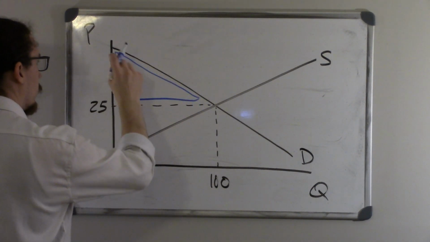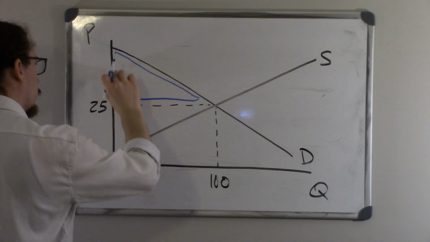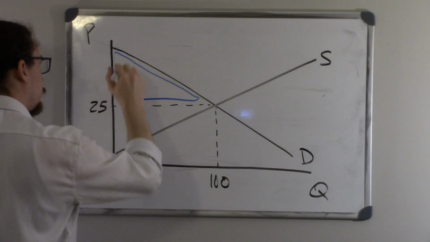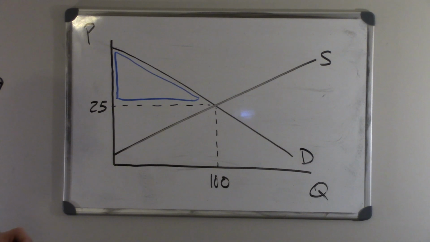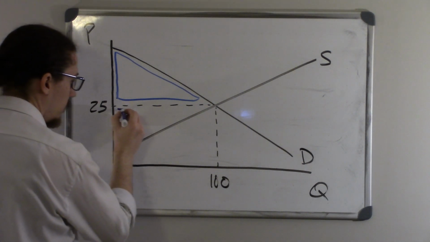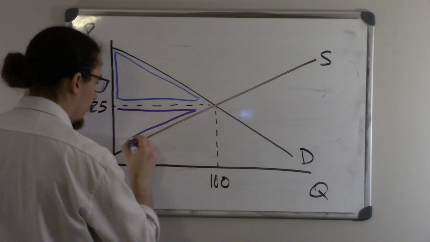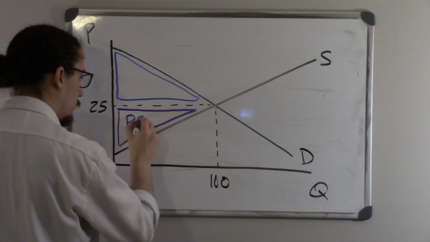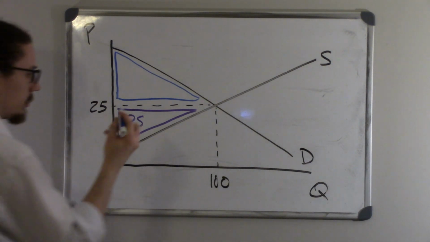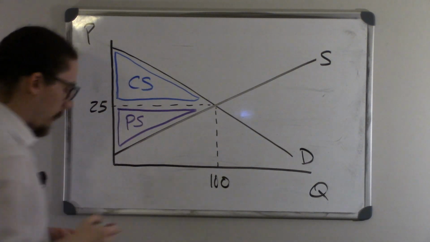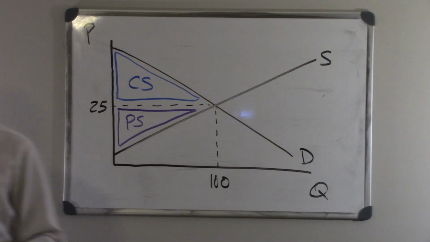So this triangle, I'm trying not to go too far to the sides because I need to erase this later. And the producer surplus is the area below price and above supply. So we've got our consumer and our producer surplus here at equilibrium.